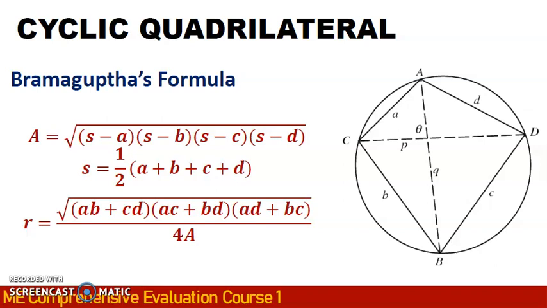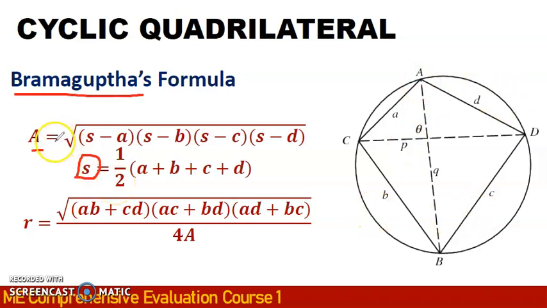For a cyclic quadrilateral, this is an example, a quadrilateral that is found inside a circle, with sides A, B, C, and D. To find the area of a cyclic quadrilateral, we will use Brahmagupta's formula. In Brahmagupta's formula, S is the semi-perimeter, or the sum of all the sides divided by 2.